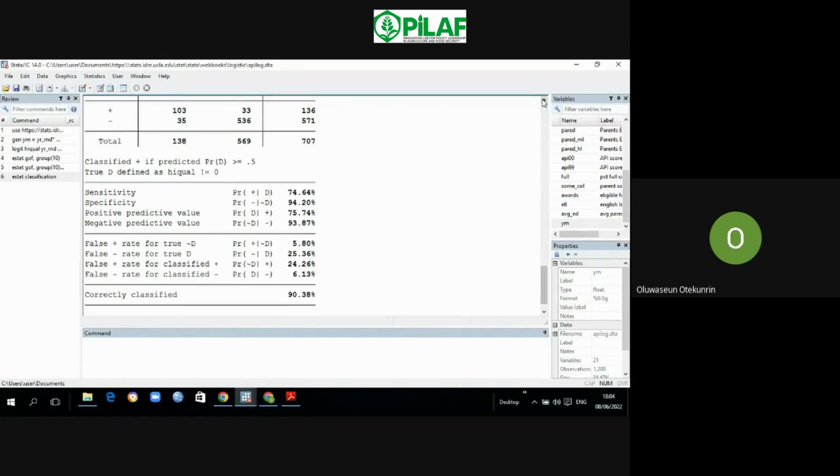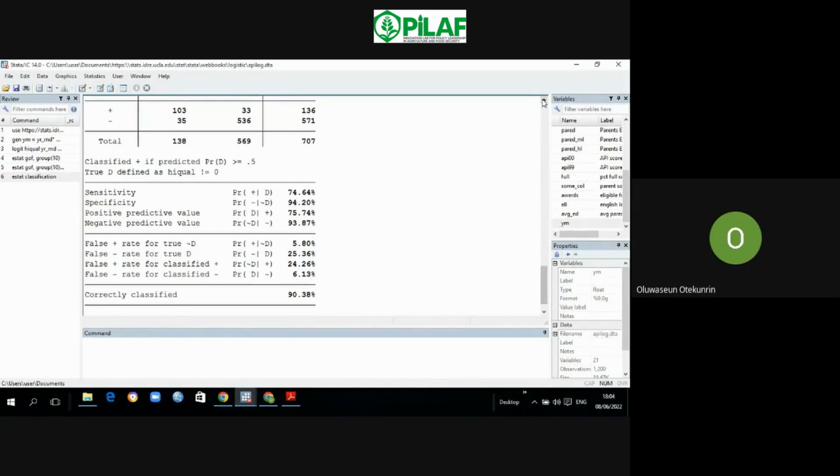Once they become very high, that means you have a problem with the overall classification, because those are the false positive and false negative. They are not correct classifications. The model has placed those observations in the wrong places. Those that have been correctly classified, as far as this example is concerned, is 90.38, which is very good.